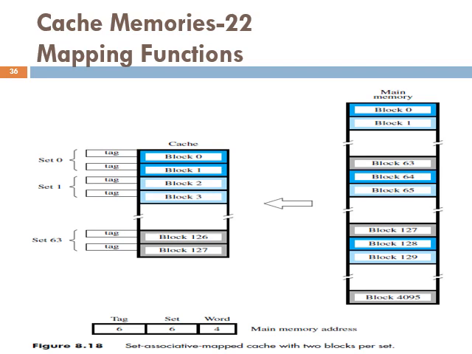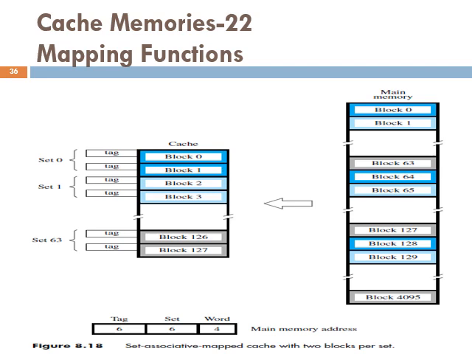The number of blocks per set is a parameter that can be selected to suit the requirement of a particular computer. For the main memory and cache size in the example shown here, 4 blocks per set can be accommodated by a 5-bit set field, 8 blocks per set by a 4-bit set field, and so on.